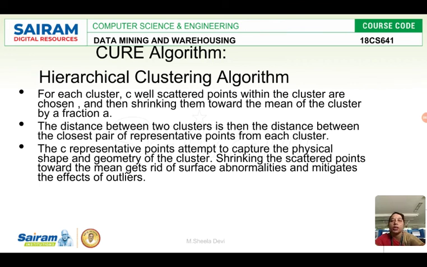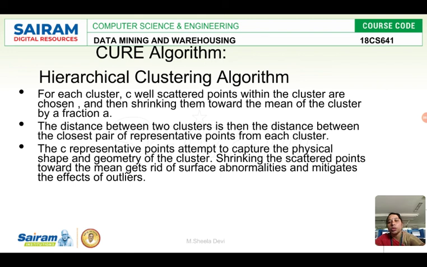The hierarchical clustering algorithm uses the CURE algorithm. As we said, for each cluster C, well-scattered points within the cluster are chosen, and then shrunk towards the mean of the cluster by a fraction alpha. So we have to select the representative points also. The distance between two clusters is then the distance between the closest pair of representative points from each cluster.